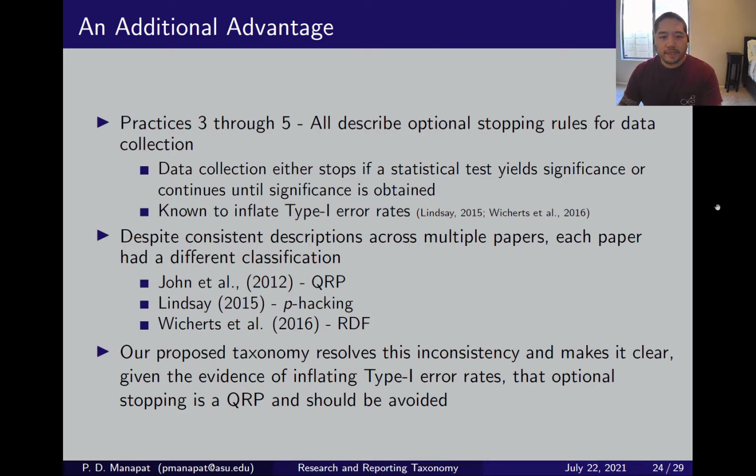Despite the consistent descriptions, each paper had a different classification. One described it as a QRP, another as p-hacking, and another as an RDF. Our proposed taxonomy resolves this inconsistency and makes it clear, given the evidence of inflating type 1 error rates, that optional stopping is a QRP and should be avoided.